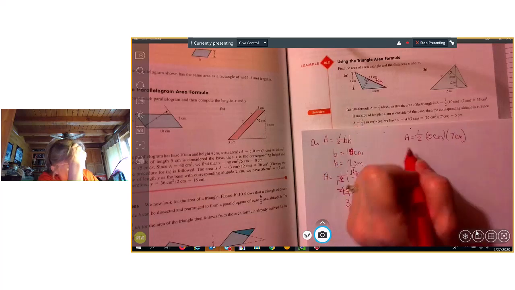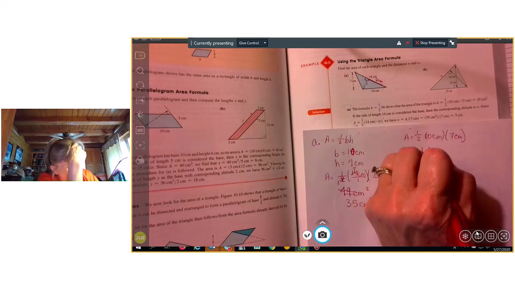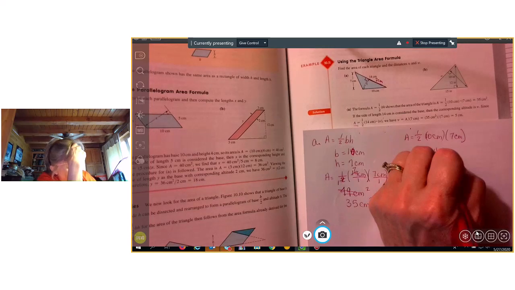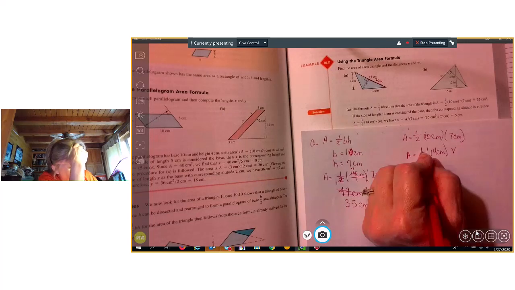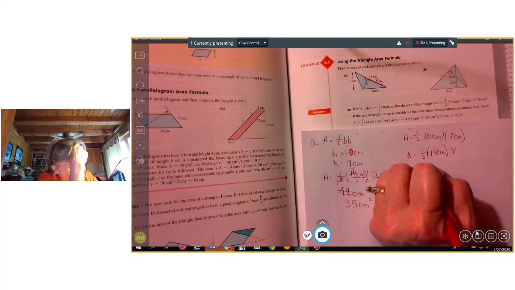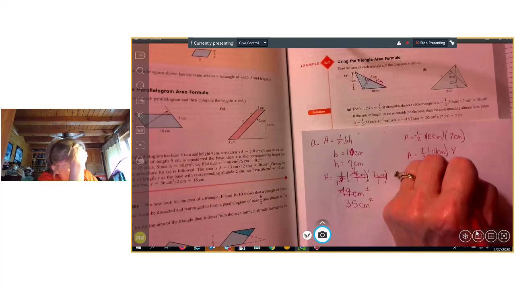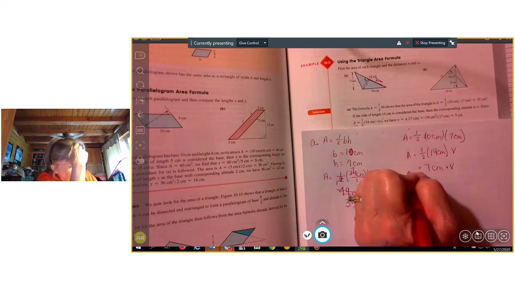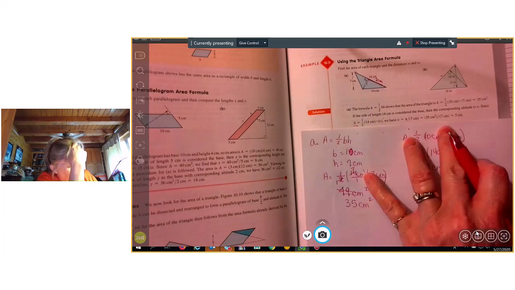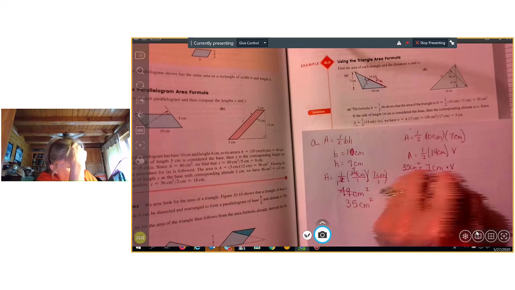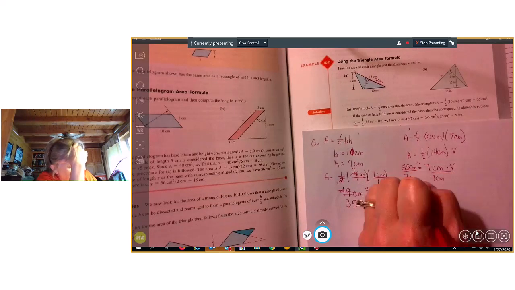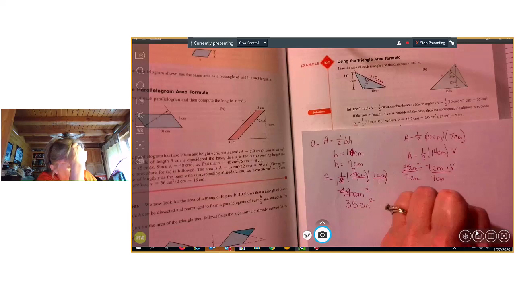So you're doing A equals 1/2 base of 14 centimeters, and then the height of V. So 1/2 times 14 is going to be 7 centimeters, times V is going to equal the area, which we know is 35 centimeters squared. So if we divide by 7 centimeters, then we're going to have 5 centimeters equals V.